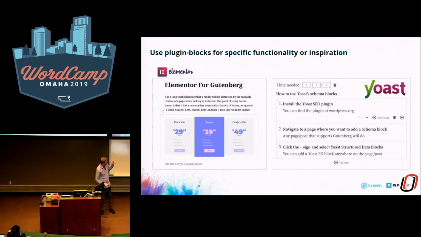And so I like this example from Yoast because, one, it illustrates that my plugins might have blocks I can use, but it also illustrates the extensibility of blocks, that blocks can be used to connect your content to other things. We even have blocks that pull content in from other places. In this example, while this block will make a how-to list on my website, it will also show specialized views of my content on Google.com.